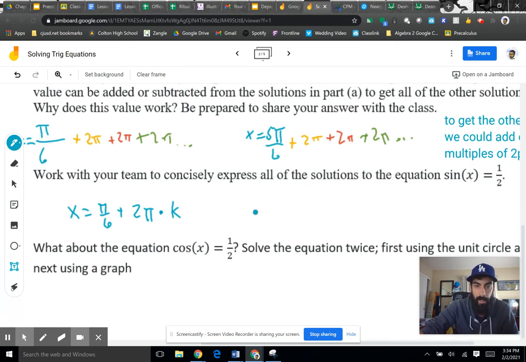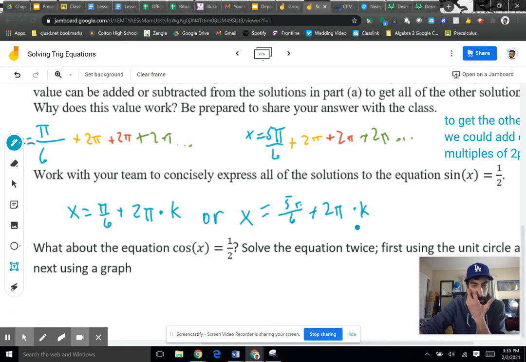Same logic applies here. Or x is equal to 5 pi over 6 plus multiples of 2 pi. 2 pi times k.